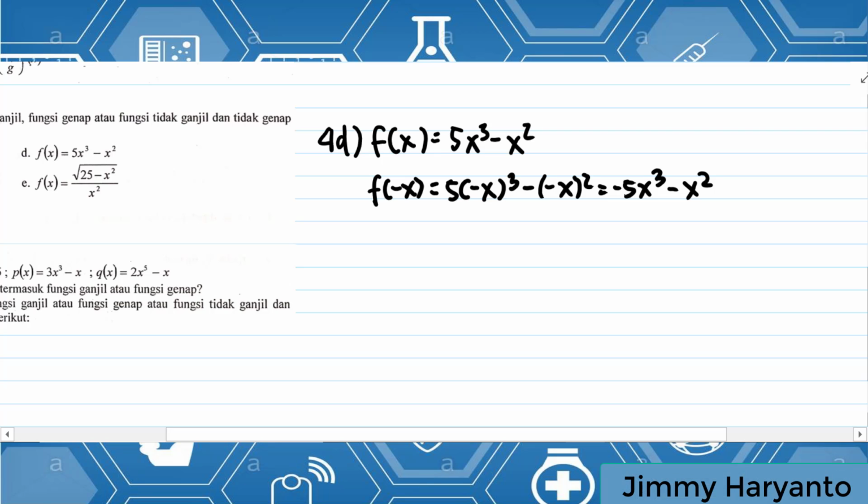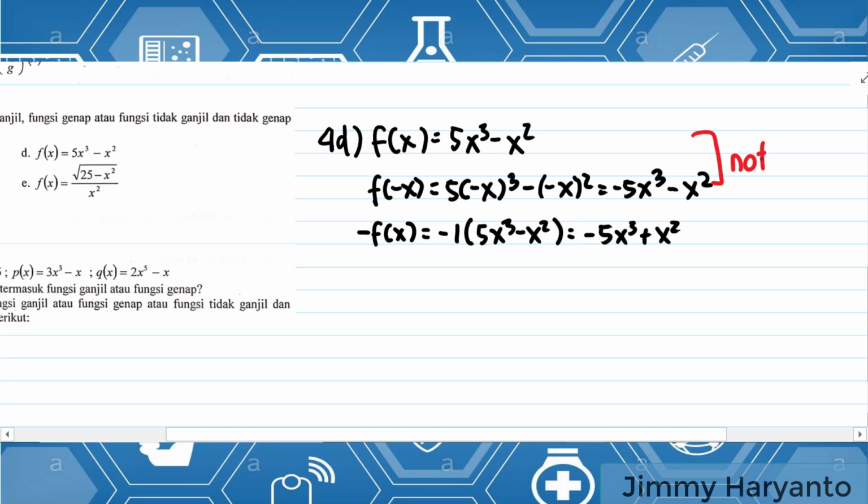And then the third one, negative f(x) equals negative 1 times 5x cubed minus x squared. The result will be negative 5x cubed plus x squared. This one is not the same, that means not even. This one is also not the same, that means not odd also.